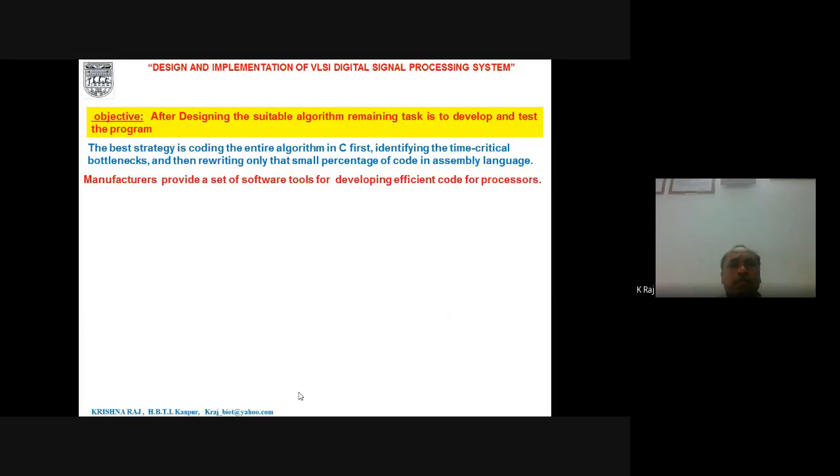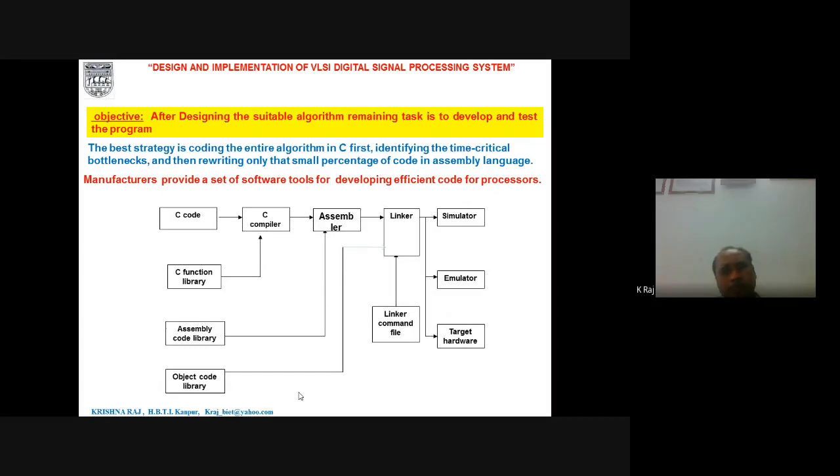So here, after designing the suitable algorithm, now we will download the concept or algorithm on a given target, and then we will test it. And for the purpose of downloading, there is a need of an integrated development environment.